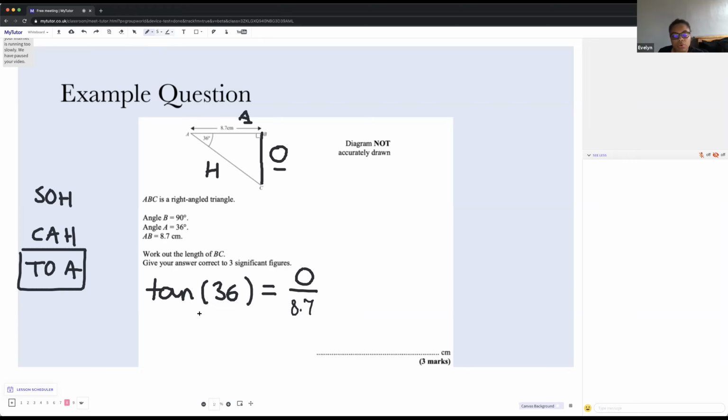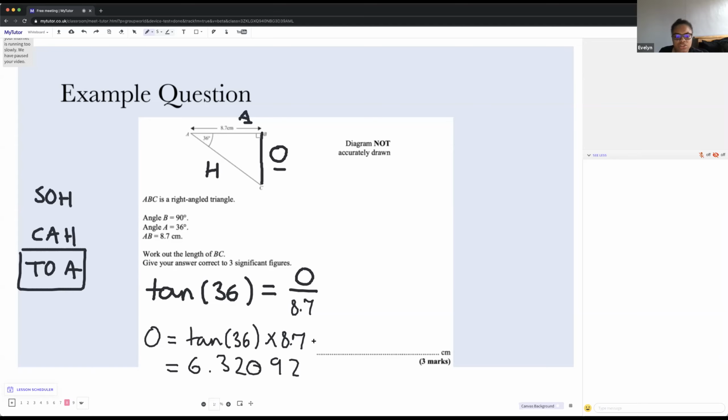So to work out what our opposite length is going to be, all we need to do is rearrange our equation. So to get rid of the 8.7 on the bottom of that fraction, we're going to multiply by 8.7 on both sides. So you've got tan of 36 multiplied by 8.7. And then you just use your calculator to work it out. So tan 36 multiplied by 8.7, you get 6.32, and then the number goes on and so on.